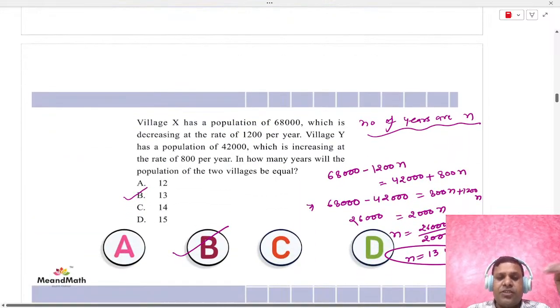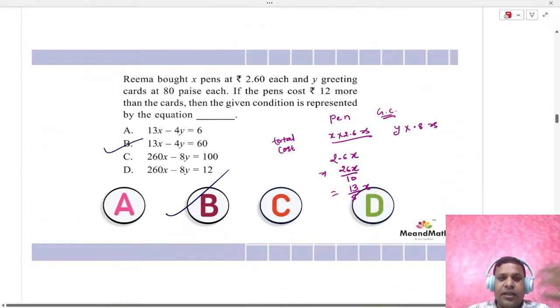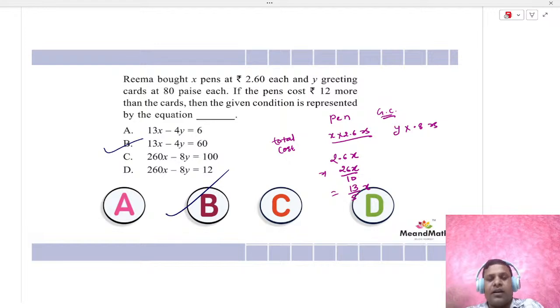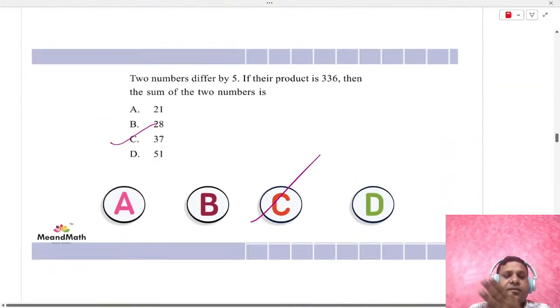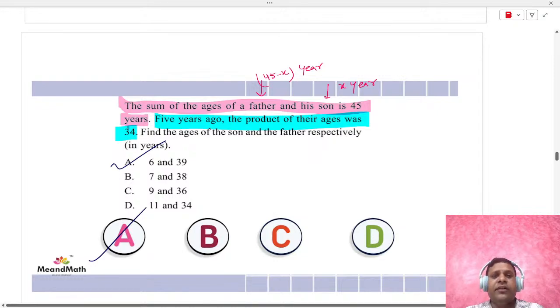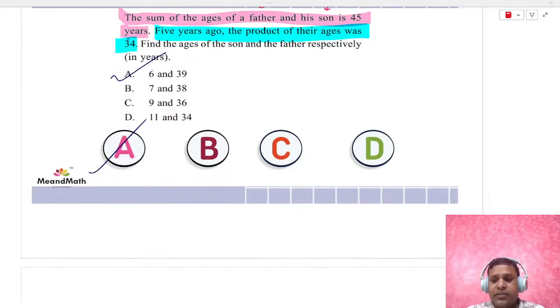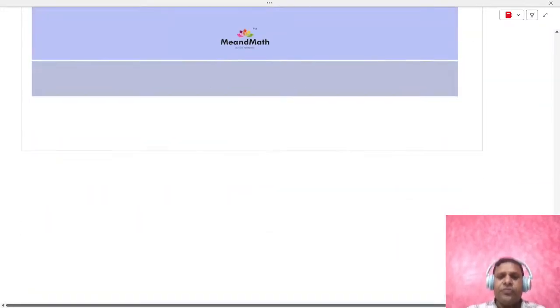Here, population increasing and decreasing at the same rate. यहाँ पर हमने cost, sum, pen और cost, pen का cost correlation से related question. All are related to linear equation in two variables. Here, the digits, two numbers, the relation between two numbers we have used. So we have done almost different types of questions. Okay. So I think today's session is very useful to you.